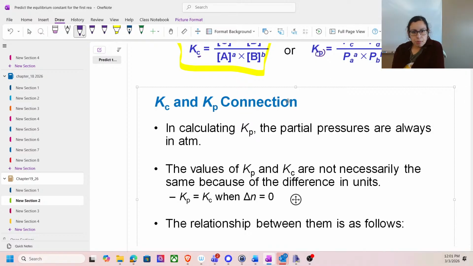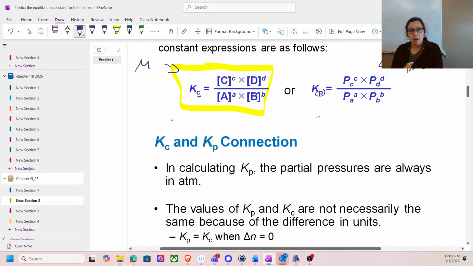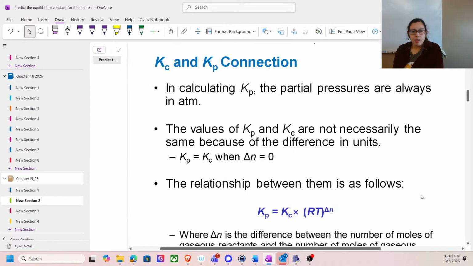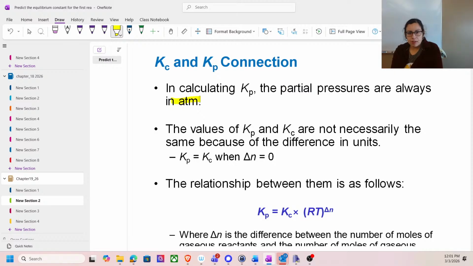Like I said, we probably won't do too many problems with this, but let's just see mathematically how to go from Kc to Kp. Just a few reminders: our partial pressures are always in atm for calculating Kp. And so right away we have an issue because they could have a difference in units.